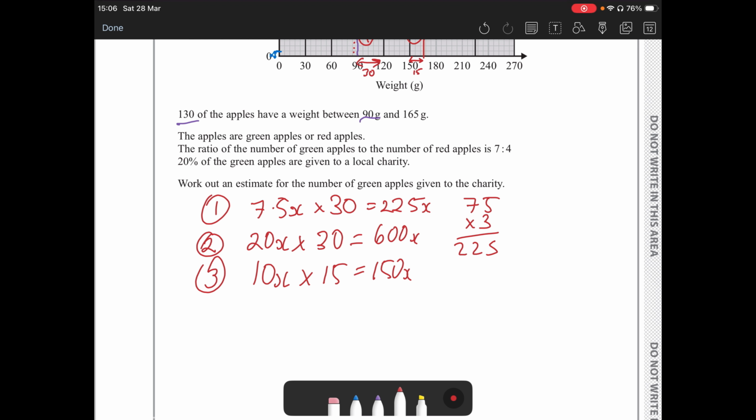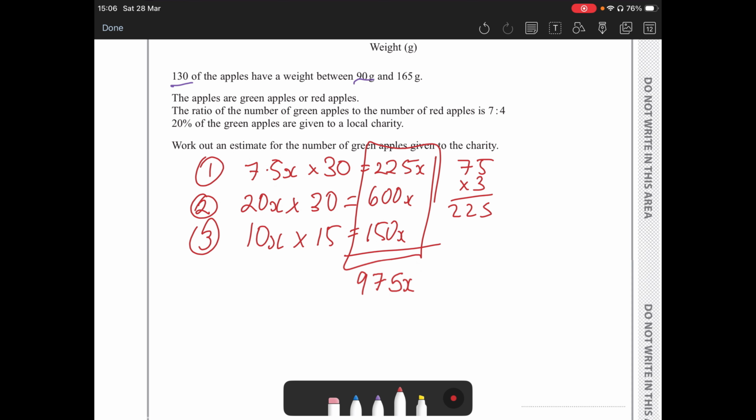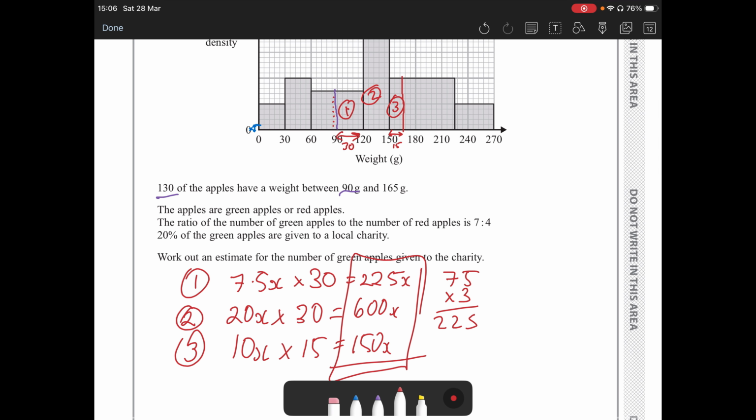So remember, the area, we have to add all three of these together. Adding them together gives me 5 on the end, 7 in that one, 975x. And remember, the area we are told equals 130. I'm hesitating because these are not nice numbers, but I don't see any mistake made so far.